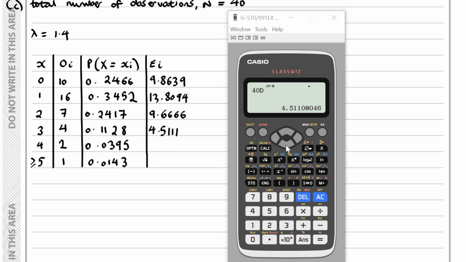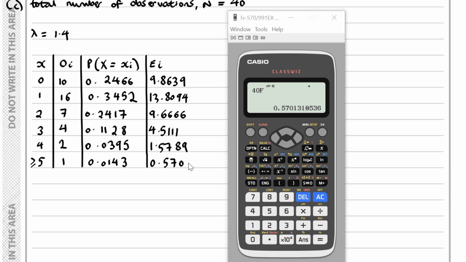And then for the next one, 40 times E, we end up with 1.5789. And then for the next one, we've got this times F, and this one is 0.57.